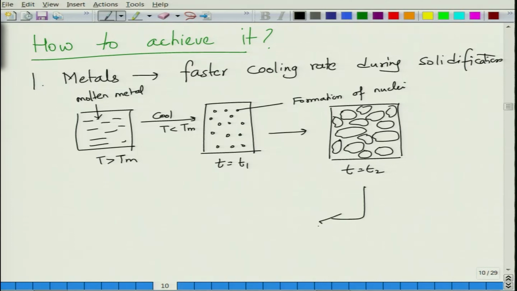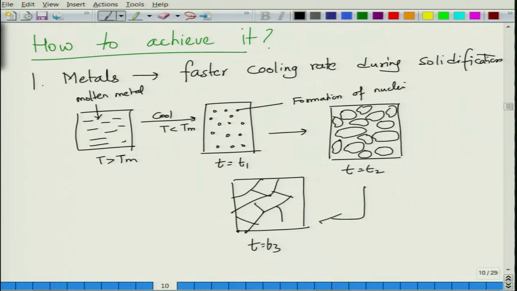And at time t is equal to T3, all of these nuclei will merge into each other and they will give rise to this kind of grain structure. So, this is now 100% solid. This is, let us say, I do not know, 5% solid. This is maybe about 60 to 70% solid.